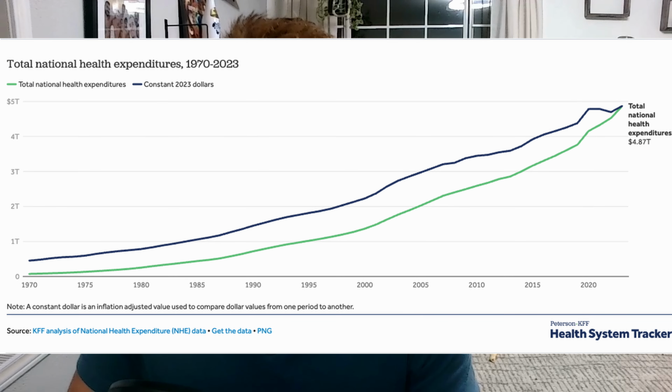What are the service types? Hospital, physician and clinics, retail prescription drugs. Okay. And this is the growth rate. So we're seeing prescription drugs since the 80s have been one of the big growth areas. Hospitals are actually going down in their amount growing per year.